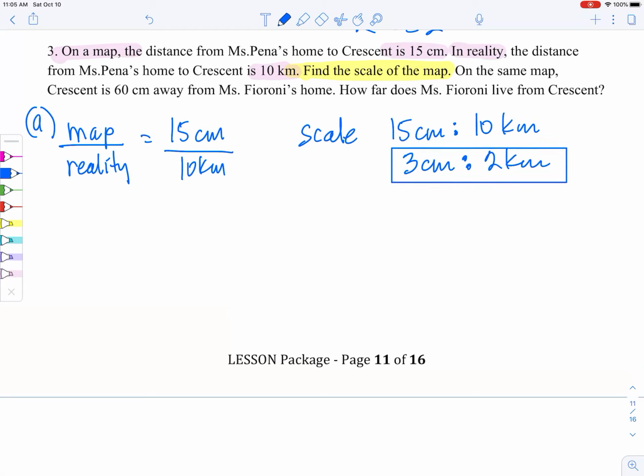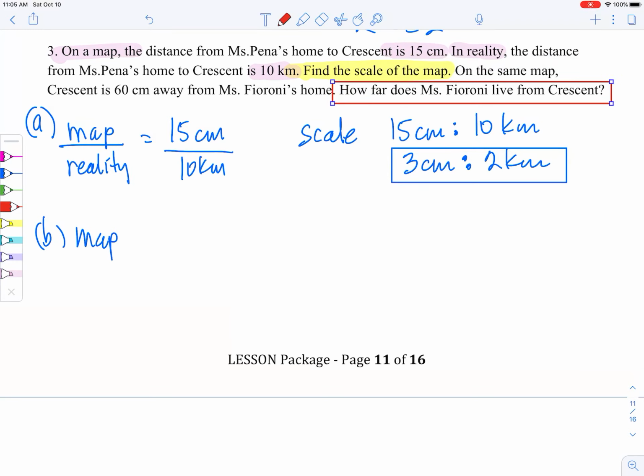The second part says, on the same map, Crescent is 60 centimeters away from Miss Fioroni's home. What was it asking? How far does Miss Fioroni live from Crescent? So this is a question about reality.